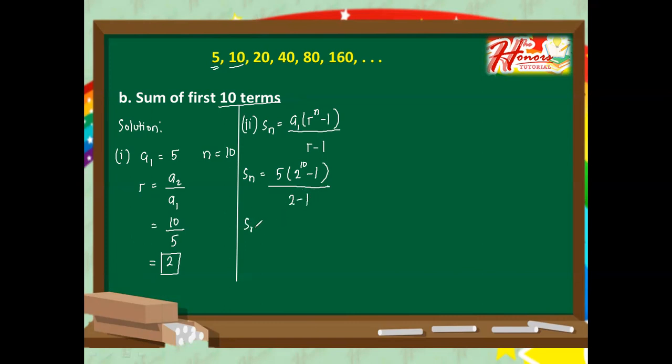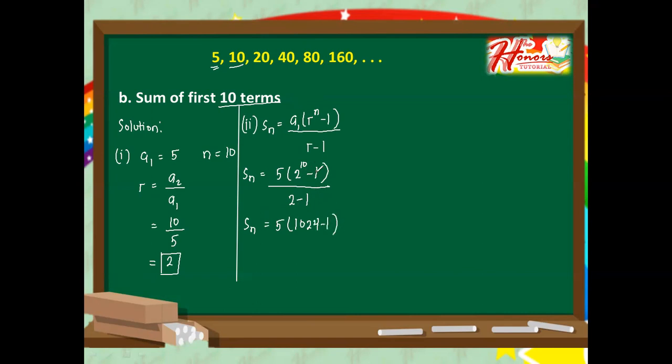So S sub n is equal to 5 times, what is the value of 2 raised to 10? That is 1024. So 1024 minus 1.